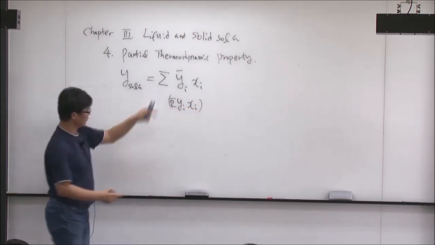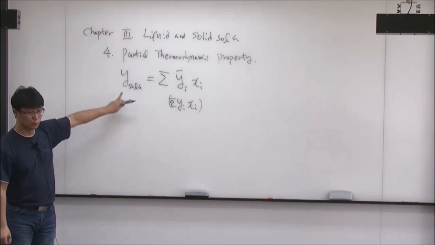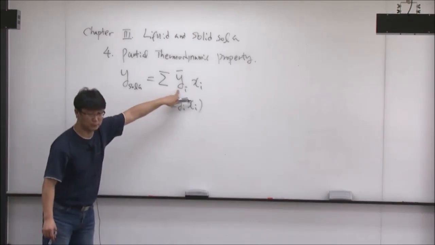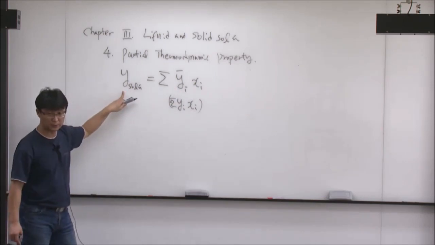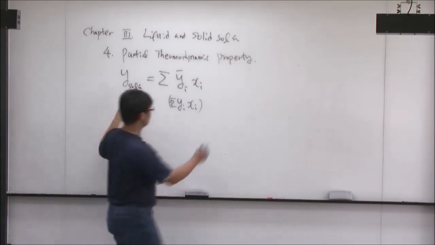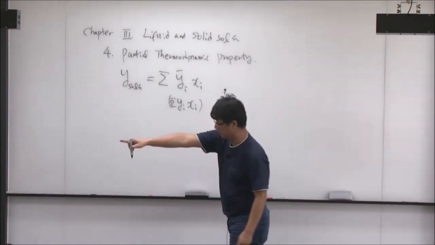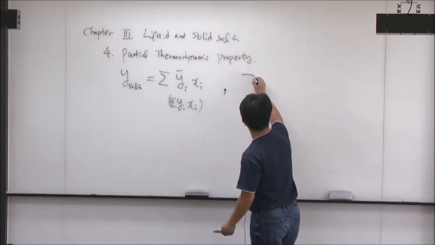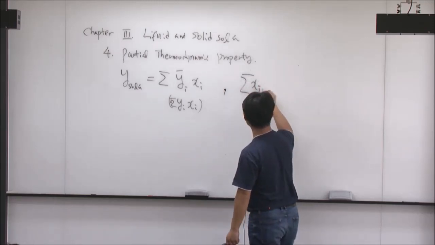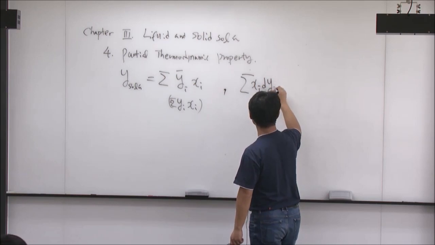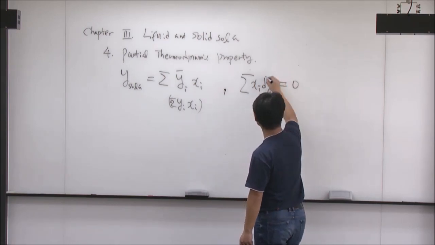This is one condition for the partial thermodynamic property, a relationship between partial property and total property. And there's another relationship here: the sum of mole fraction of i times the derivative of yi equals 0.